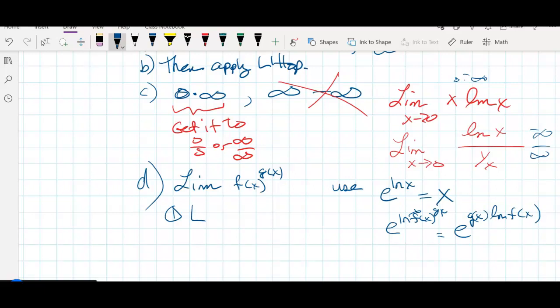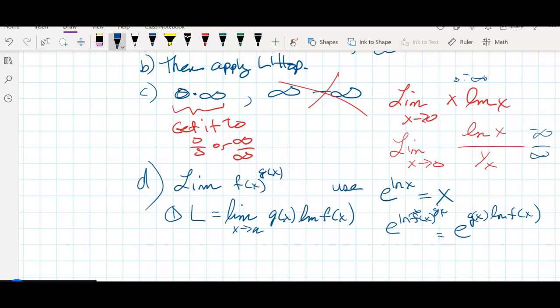We're going to call it L. And that is just going to be the limit as x goes to whatever x is going to, I'll call it a, of g of x times ln f of x.